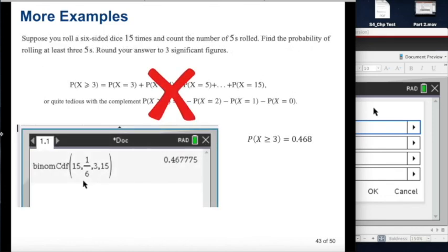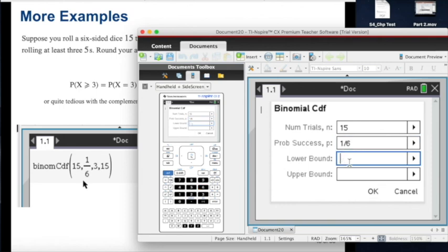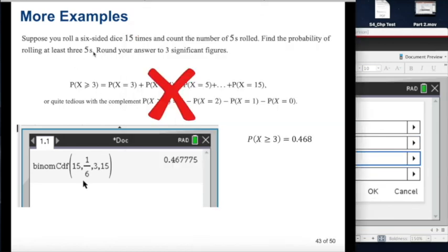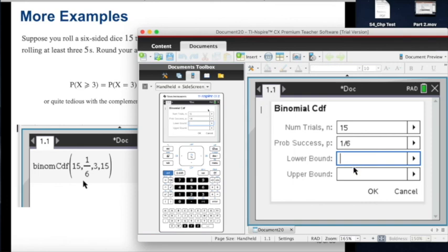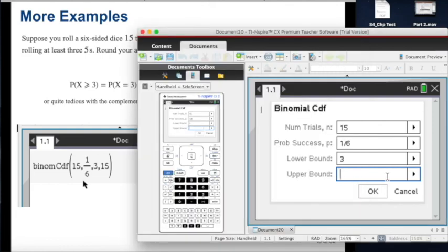Let me just go back. So that is equal to 1 over 6. Lower bound, well, the question wants at least 3 5s, so that means 3. Upper bound, well, the die is rolled 15 times, so upper bound has to be 15.